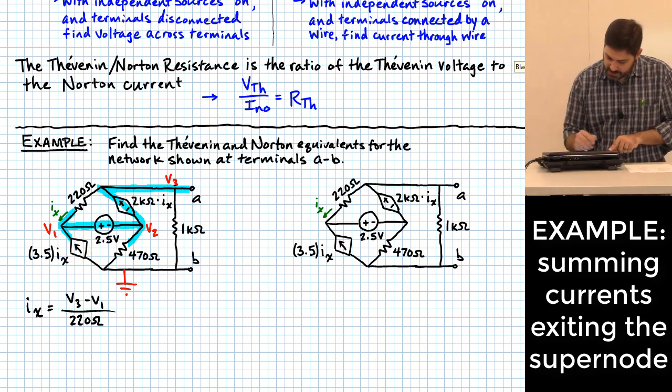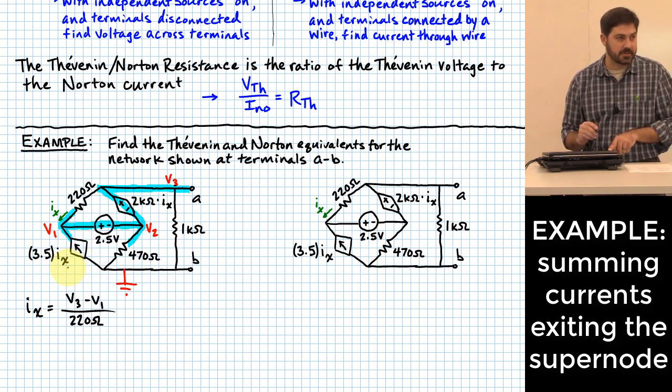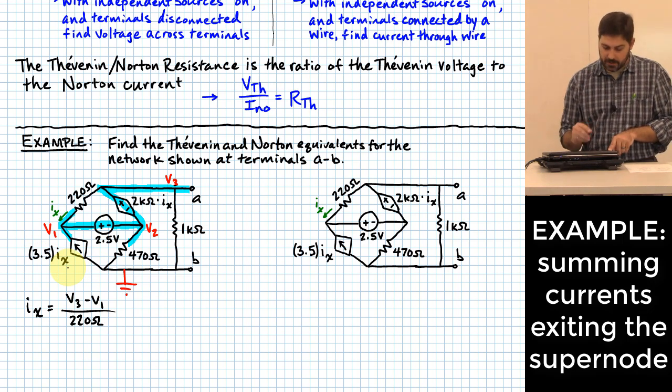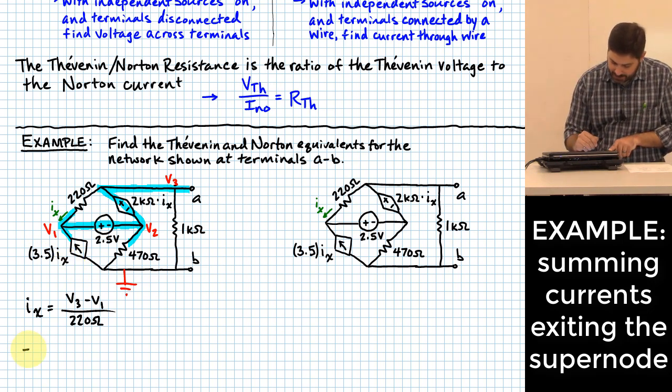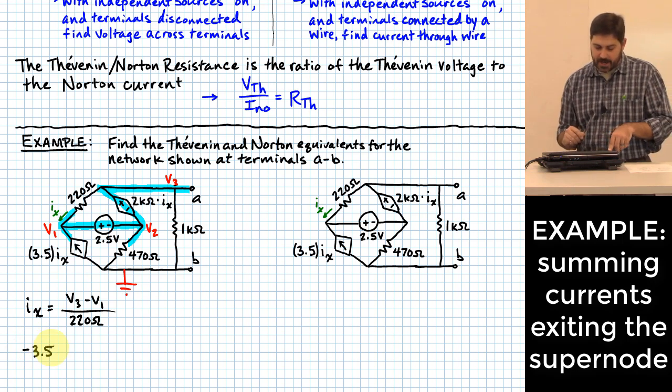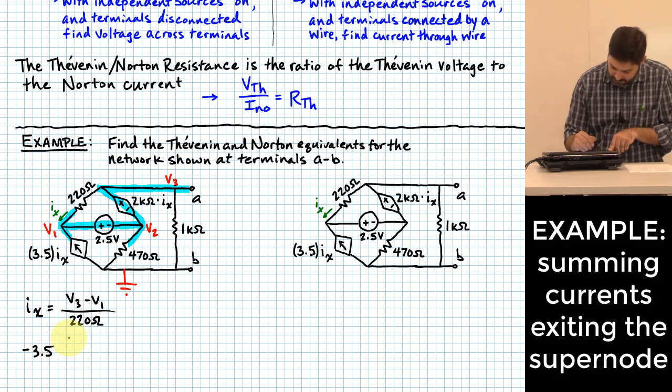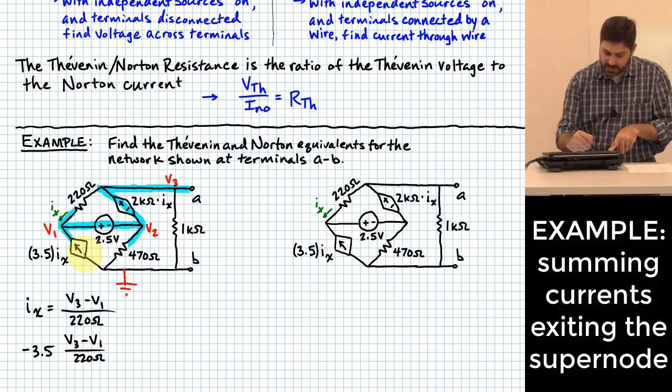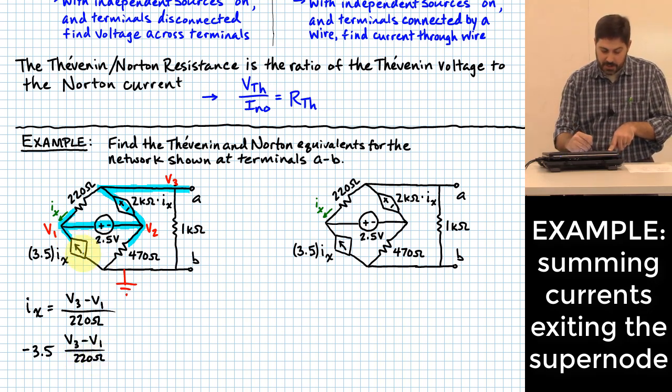One of the things I see is that I actually have a current entering the node over here that is going to be 3.5 times Ix. Because it's entering, I'm going to count that as minus 3.5 times Ix, but let me do this substitution. 3.5 times what? V3 minus V1 over 220 ohms. That takes care of the flow that comes in on this dependent current source.